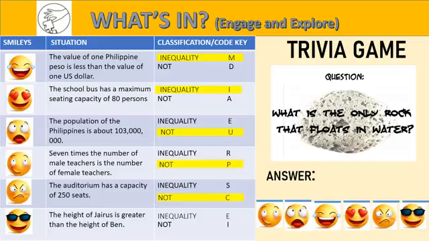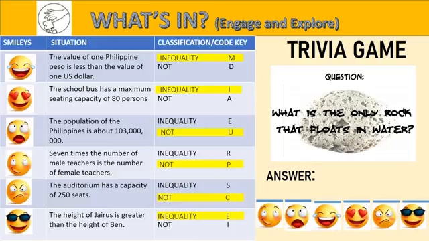So you have now another code, letter C. For the last situation, we have the height of Jairus is greater than the height of Ben. So what do you think? Inequality. Yes, you are correct. It is inequality. So the last code we have is letter E.